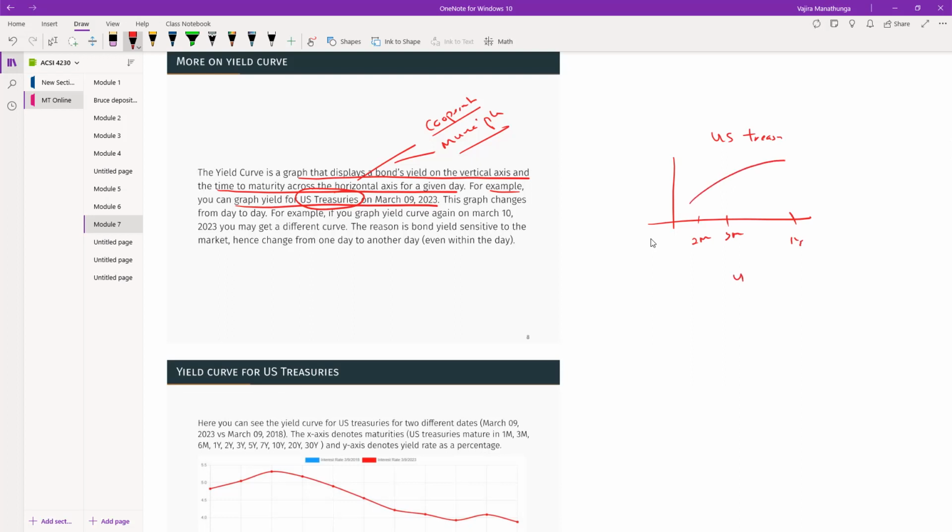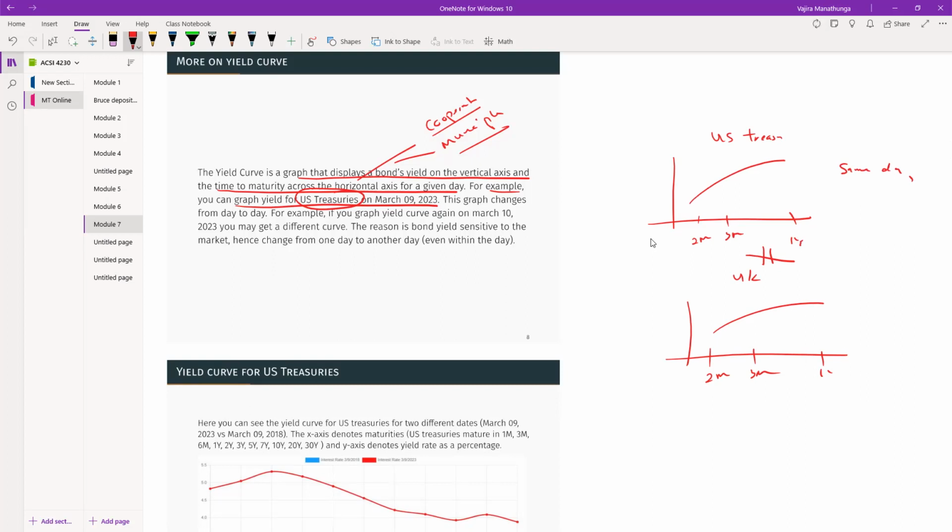Then you go to another country, let's say the UK, and do the same for the same kind of maturities, and you get a yield curve for the same day. But these two graphs are not the same. It depends on the country and on what kind of bond. Is it a government bond, a corporate bond, or a municipal bond? The yield curve changes from one to another.